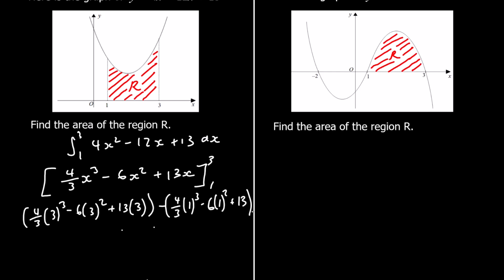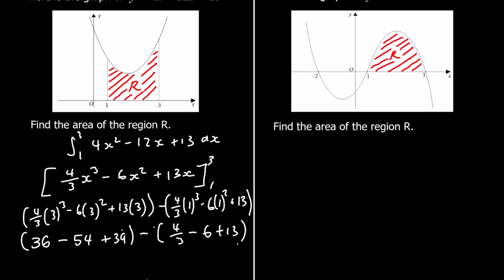Type it into the calculator. We could work it out. It's probably easier to type it into the calculator. So I'm going to do it without typing in. So 36. 9 times 6 is 54. 13 times 3 is 39. And we've got 4/3 minus 6 plus 13.